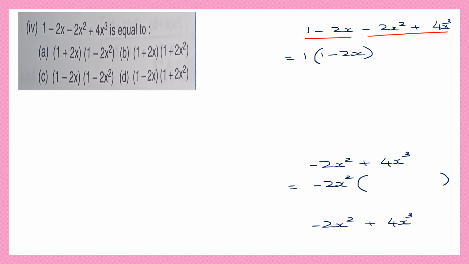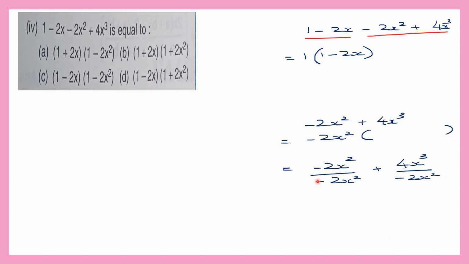We're going to divide both by this minus 2x square. Now what do we get? When we divide this, minus 2x square and minus 2x square both get cancelled and we have only 1.